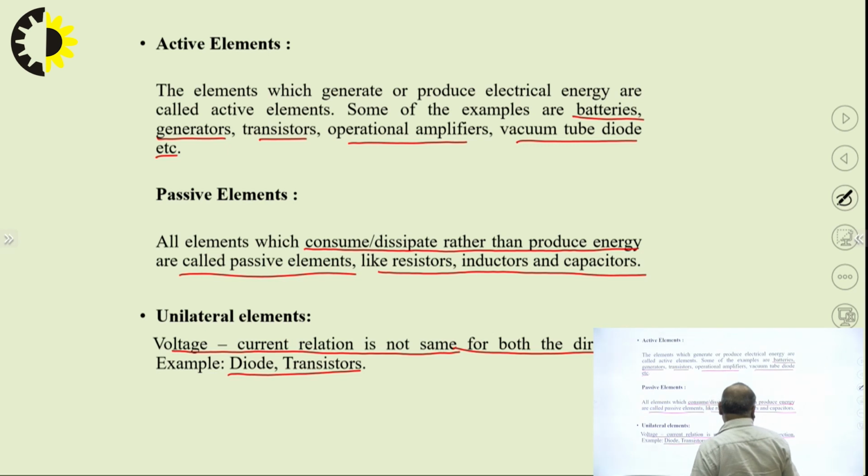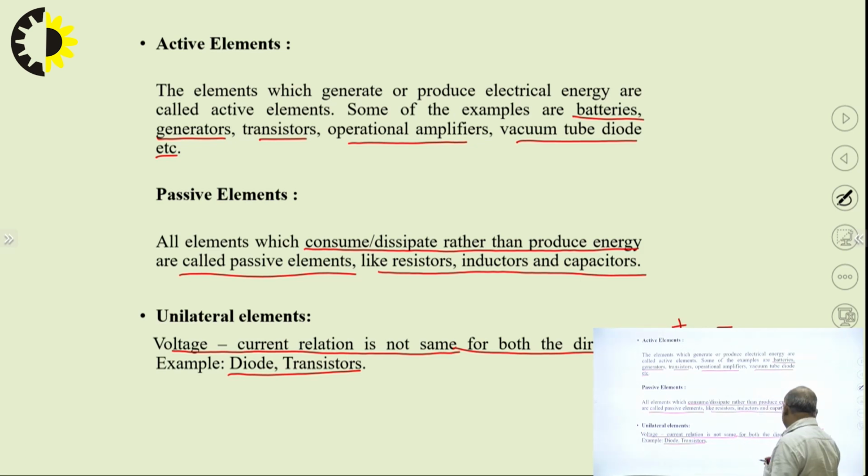Like we know, this is the symbol for a diode. This is anode and this is cathode. When anode is at positive potential with respect to cathode, the diode is forward biased and current passes through the diode easily, and there is a certain relation between voltage and current at that time.